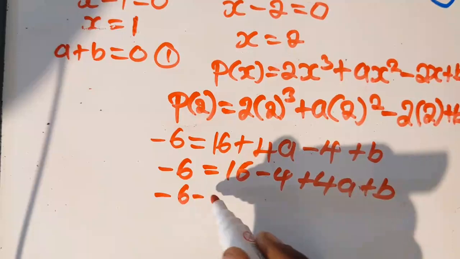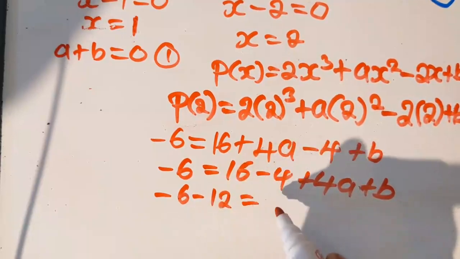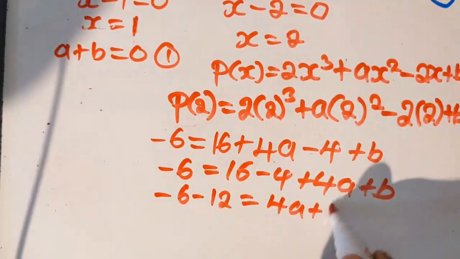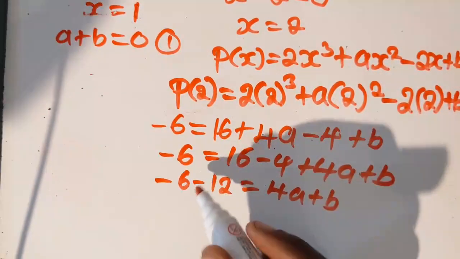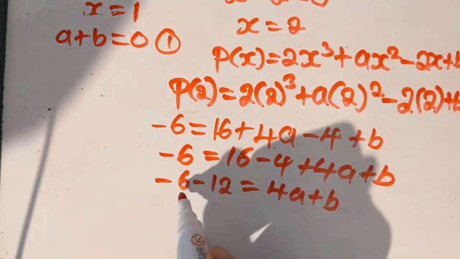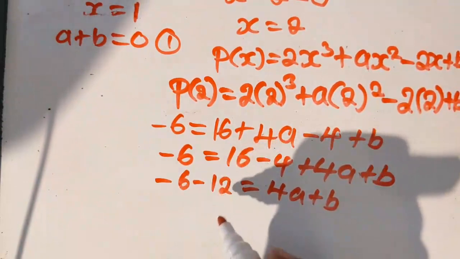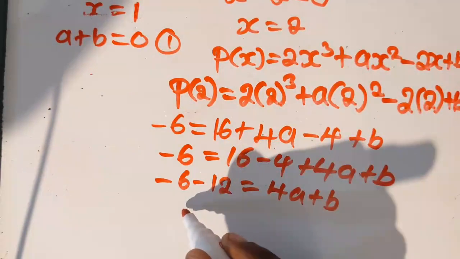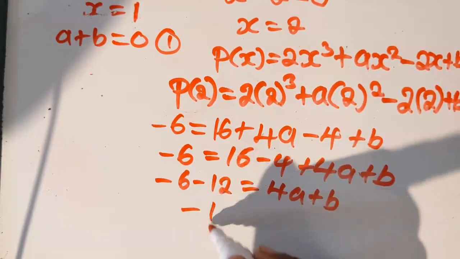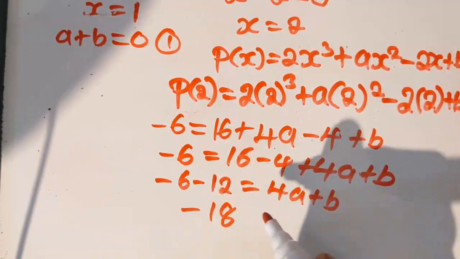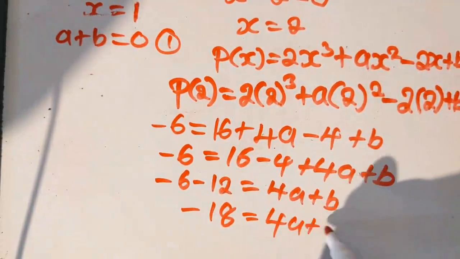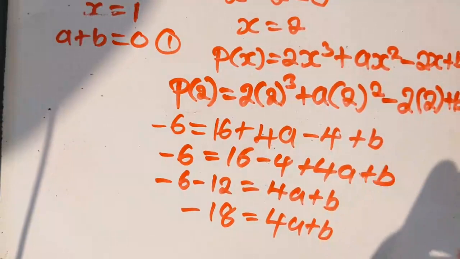So negative 6 minus 12 is going to give us negative 18, if I'm not mistaken. Then it is equal to 4a plus b, like that.